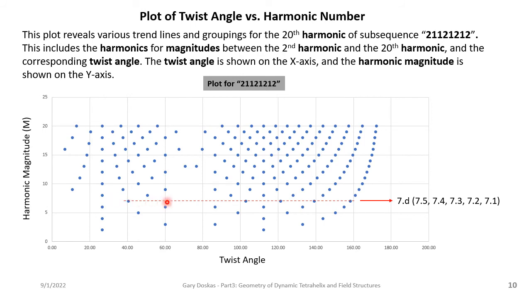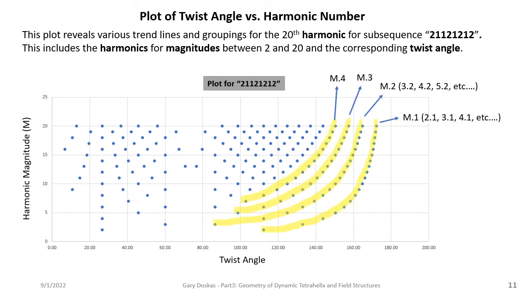The red dashed line represents all the 7th harmonics of different depths, which can be represented as 7.d. These highlighted trend lines group together all of the harmonics in this family based on their depth.